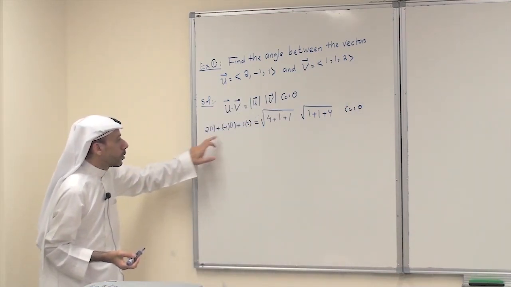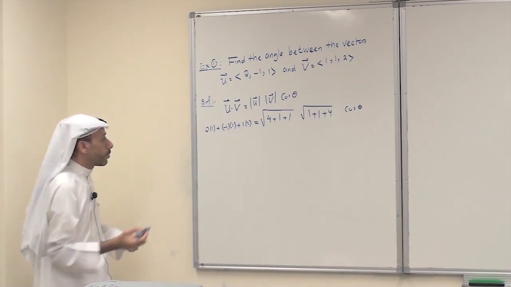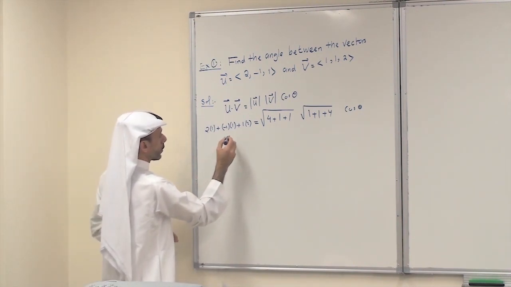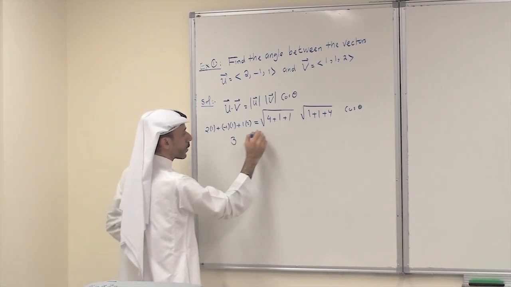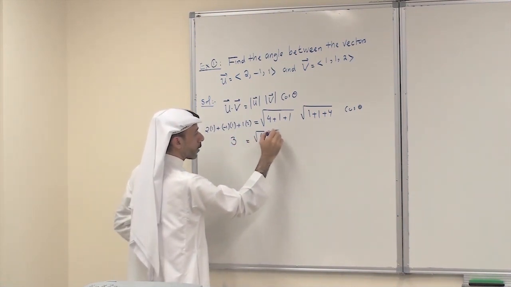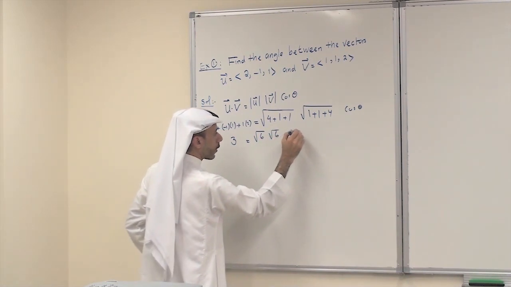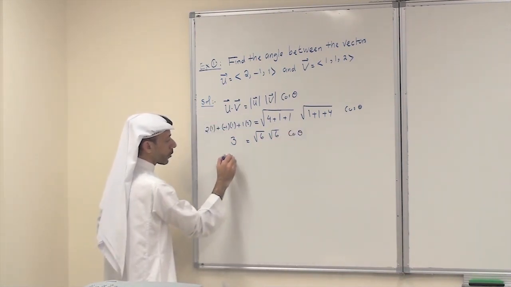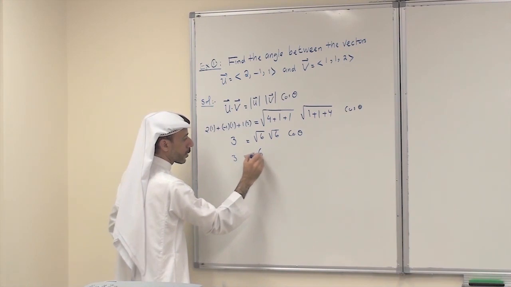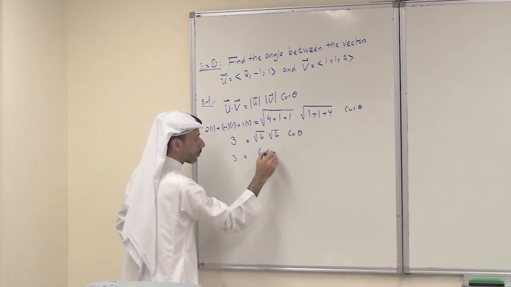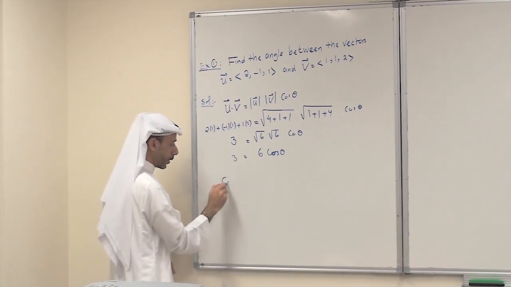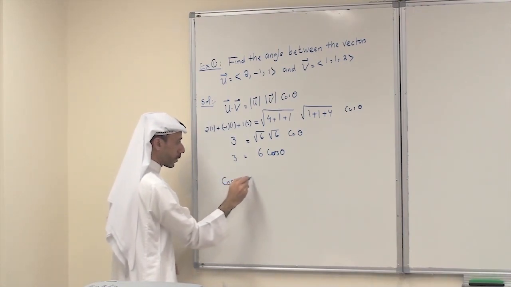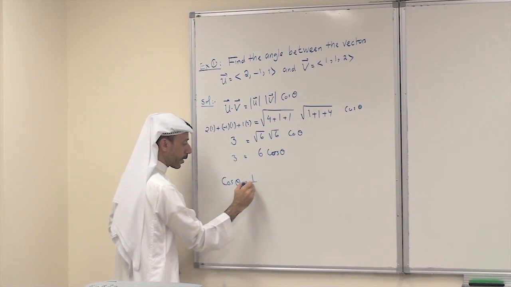Simplify, so this is 2, 4 minus 1. This gives us 3. And this is root 6 times root 6 cosine theta, or 3 equals 6 cosine theta. This implies that cosine theta equals 3 over 6, which is just half.